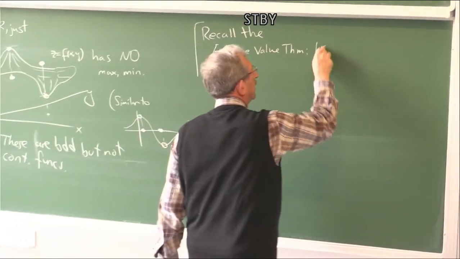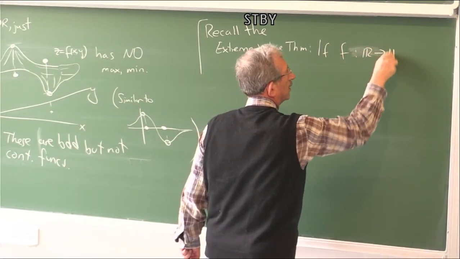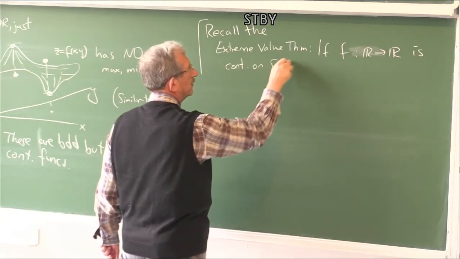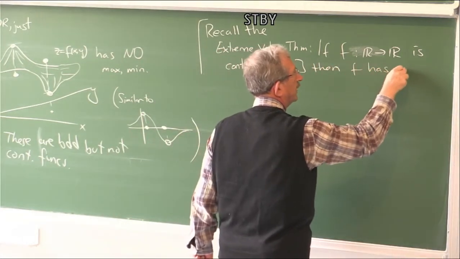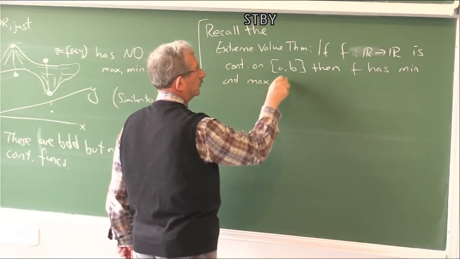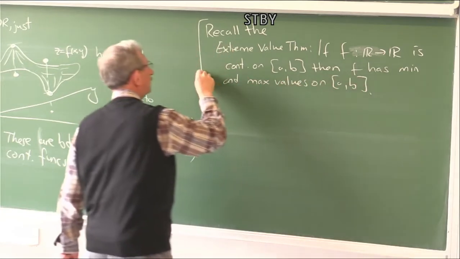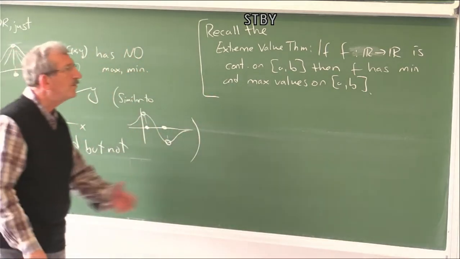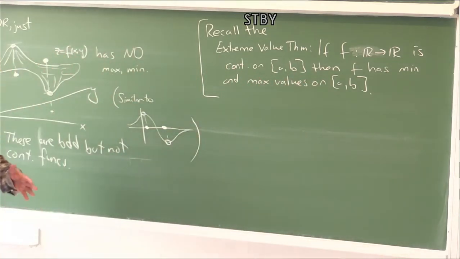Namely, if f, from R to R, is continuous on [a, b], then f has minimum and maximum values on it. So the extreme value theorem says that in one variable, if we have a closed interval, then f has minimum and maximum values if it's continuous there.